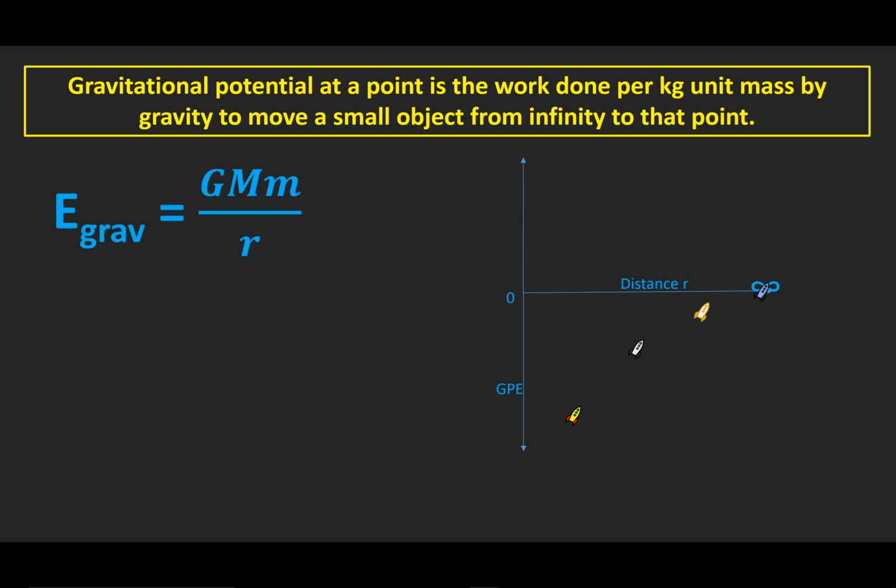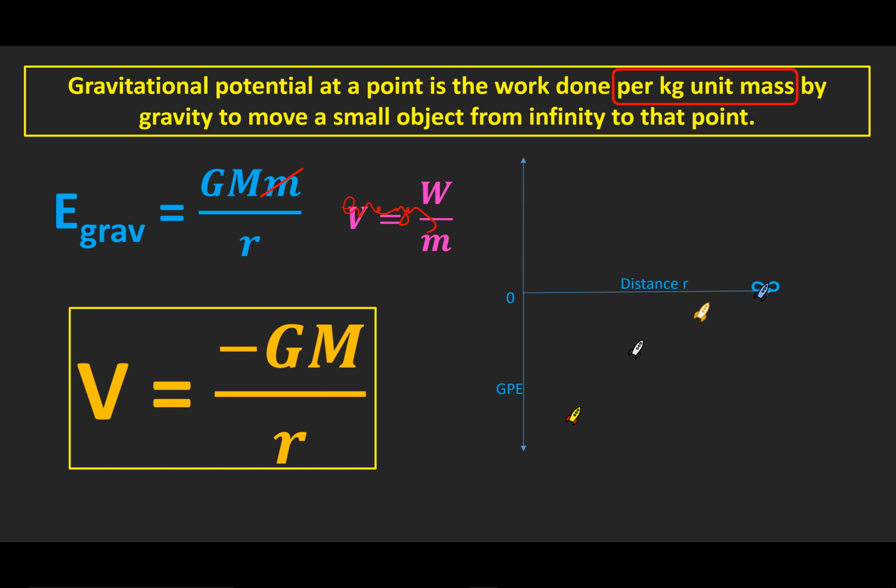And to get an equation for it, here's our gravitational potential energy equation. Well, we know that it's per kilogram unit mass, so we just divide the whole thing by m. And this gives us that gravitational potential is equal to minus the gravitational constant times the mass of the planet, or the large object that is originating the field, divided by your distance from the centre of that planet.